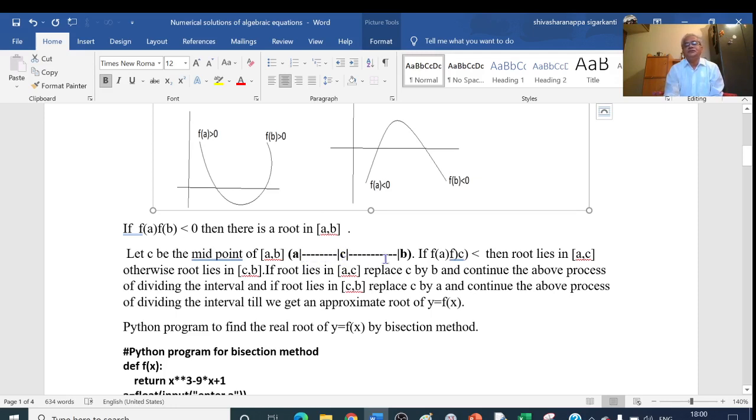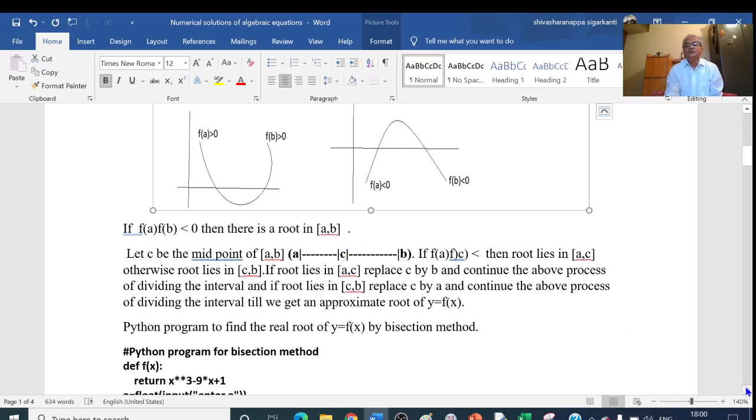Suppose the root lies in CB, then we replace A by C. This will be the fresh interval. That is, the root lies in this new interval. So if f of a into f of c is less than 0, then replace B by C. If f of c into f of b is less than 0, then replace A by C.